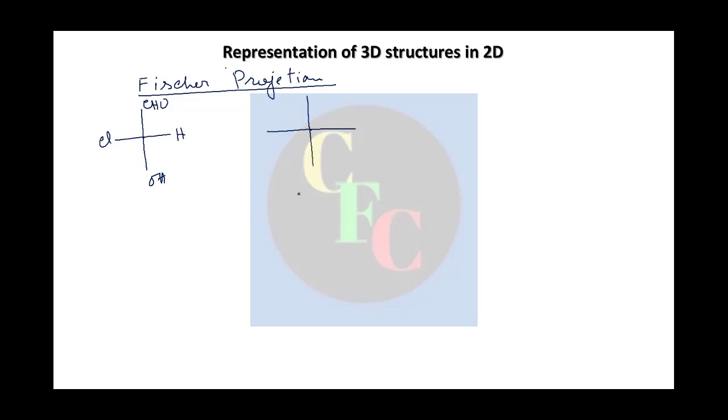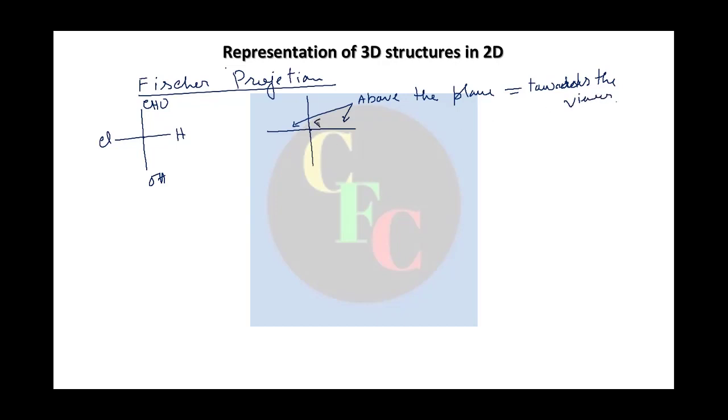Now in Fischer projection it is said that the bonds which are on horizontal lines are above the plane, that is towards the viewer, right?